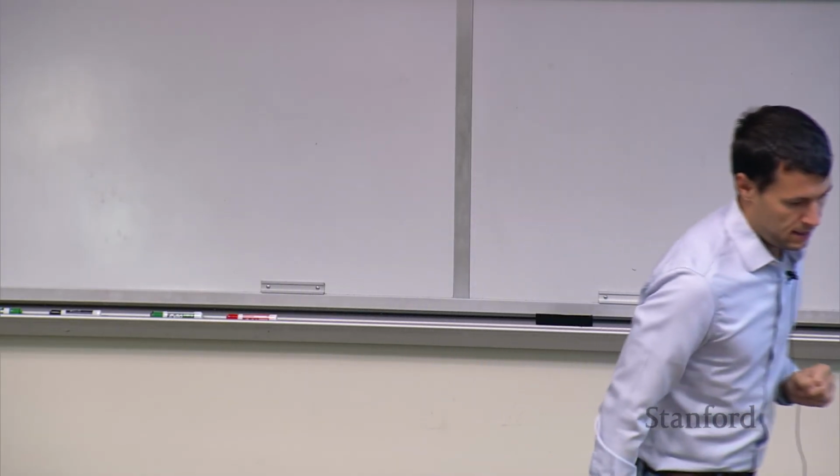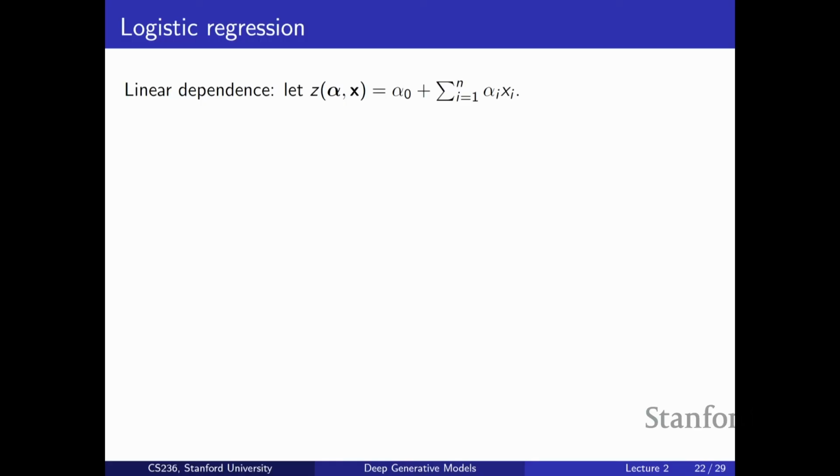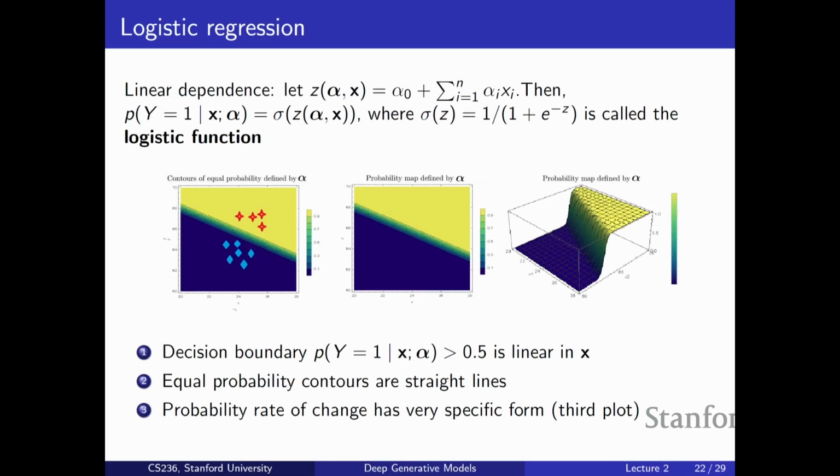And by assuming this linear dependence, again, you're making some assumptions which might or might not be true in the real world. In particular, this is a relatively simple kind of dependency that you're assuming between y and x. So if you have two features, x1 and x2, then you're basically saying that equal probability contours are straight lines.